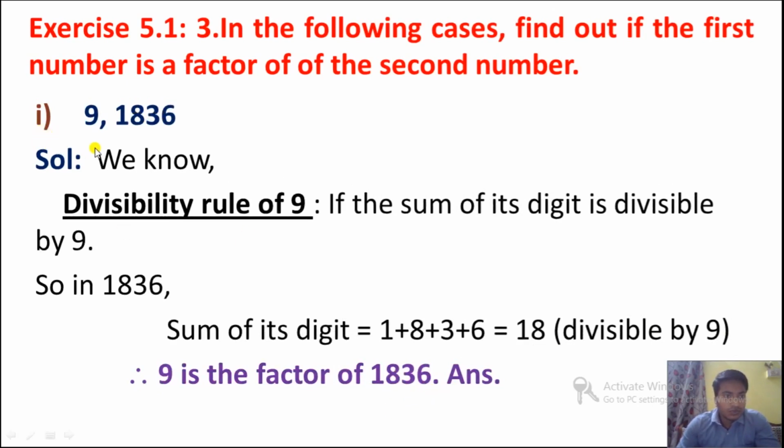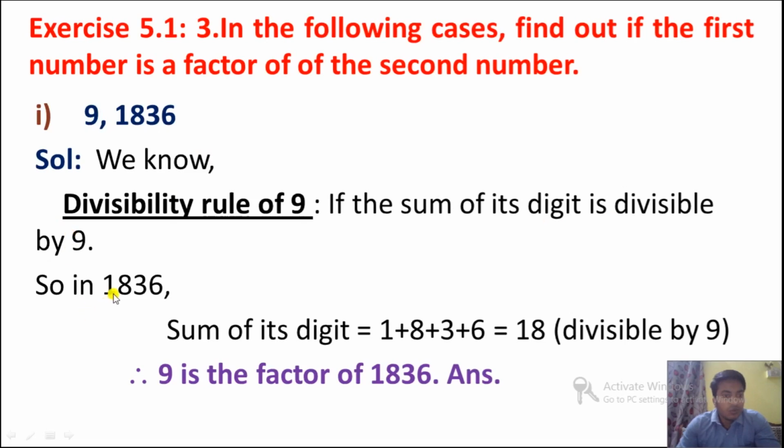This is the answer. Clear? Now the next question. The first number here is 9 and the second number is 1836. So we have to find out whether we can divide this number by 9 or not. You know very well the divisibility rule of 9: if the sum of its digits is divisible by 9.